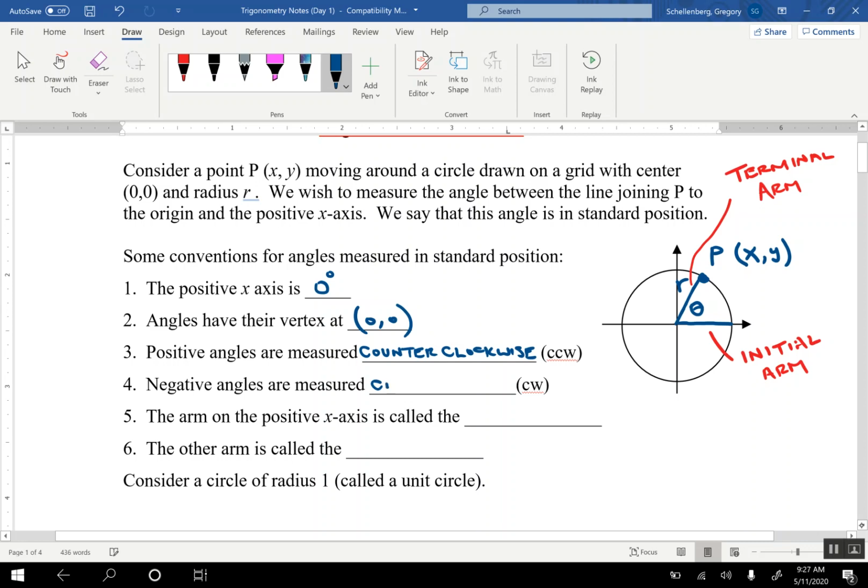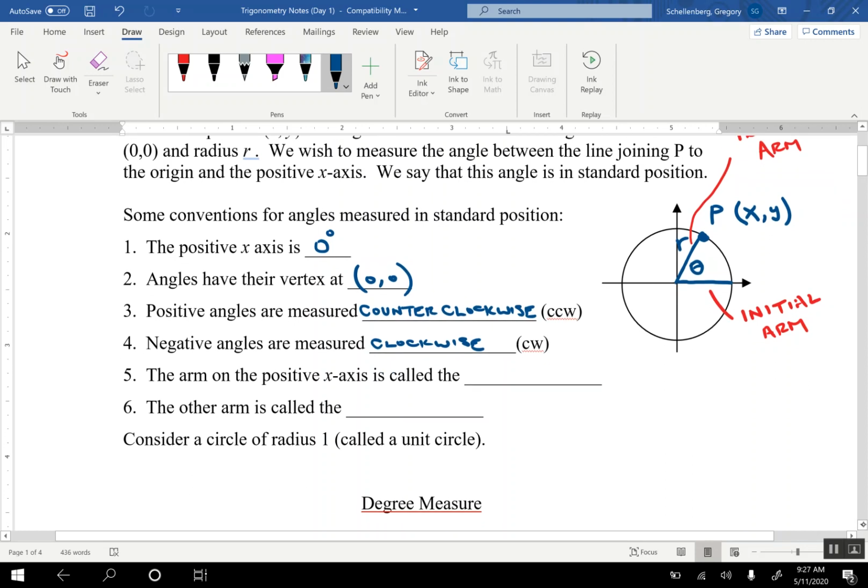So we'll really hammer that point home today. Okay, so the arm on the positive portion of the x-axis, as we talked about, is called the initial arm. And the other arm is called the terminal arm.